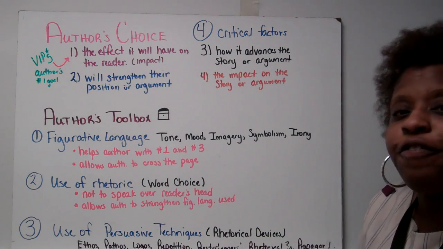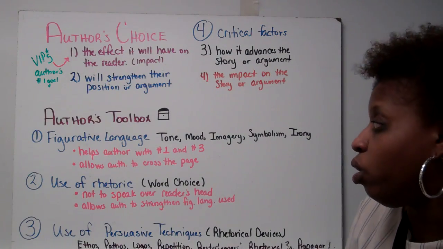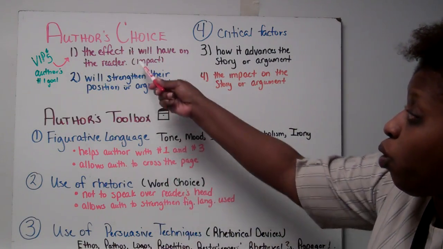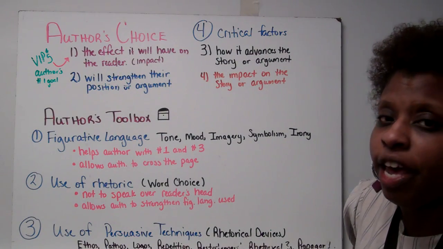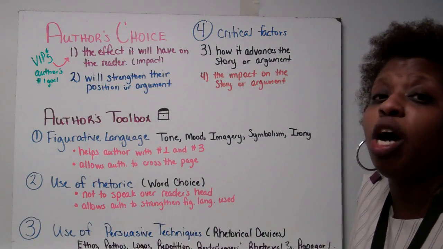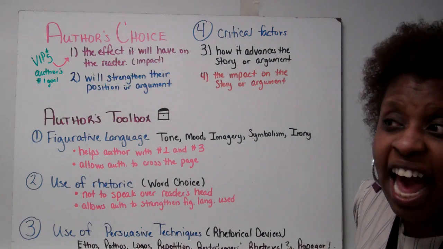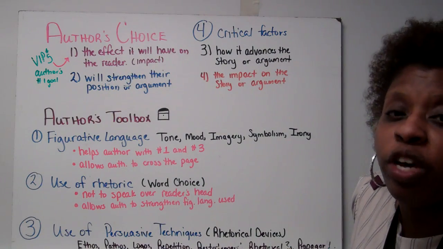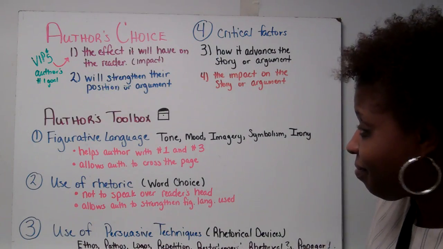These are all different figurative language tools, aka literary terms, that will help the reader with number 1 and number 3. And these literary figurative language tools allow the author to jump off or cross the page threshold. It allows them to actually be in the room with you as you're reading and experiencing their story.